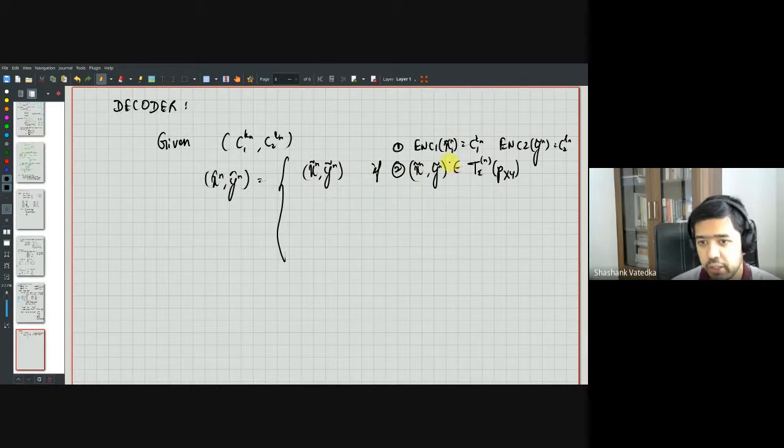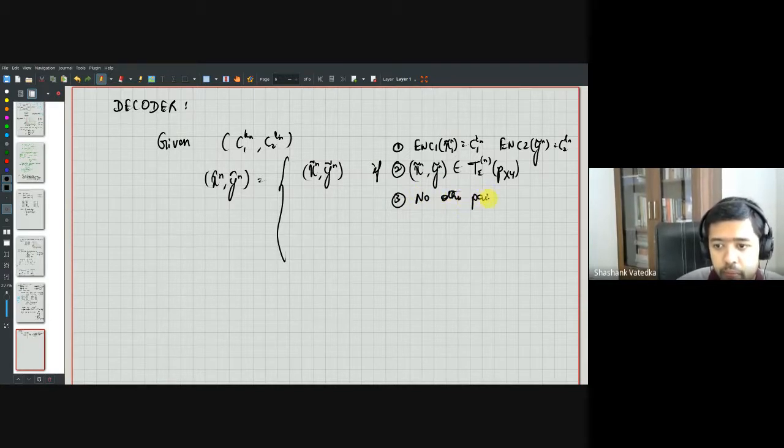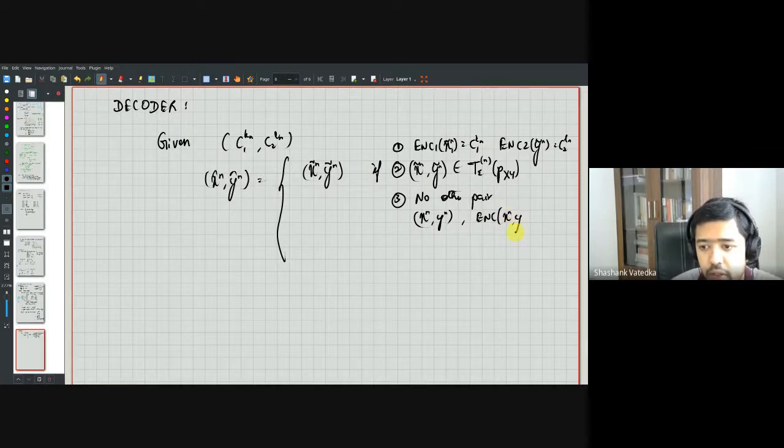The pair should be jointly typical, and no other pair xn, yn with the encoded form of xn and yn being equal to C1(Kn), C2(Ln) is in the jointly typical set.